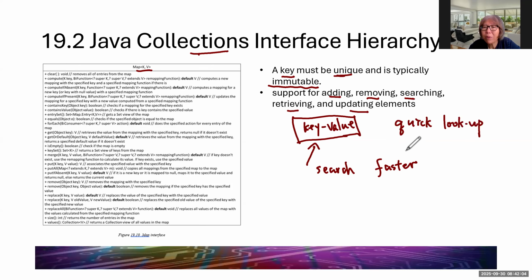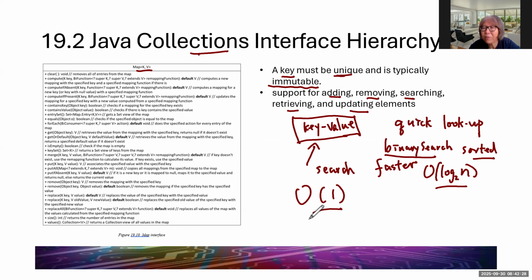So far, what we learned is that the fastest search is binary search. And binary search has a requirement that the data must be sorted. If you recall, even in that case, the search time efficiency is log2 n. But for a map, the search is constant.